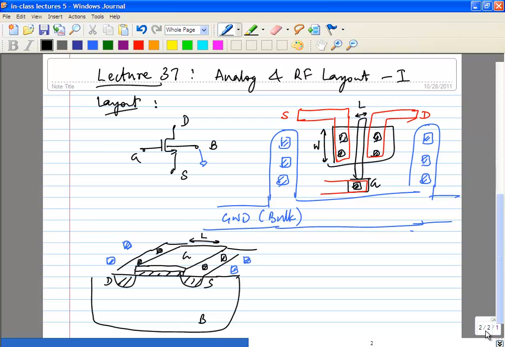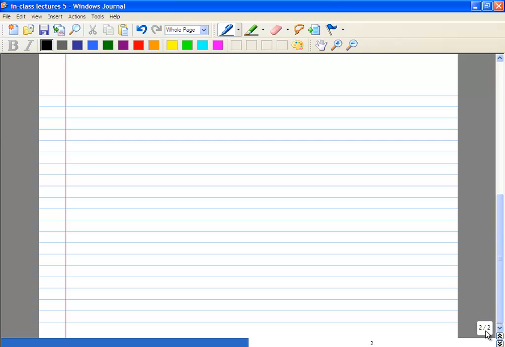If you have interviews with companies, you can expect direct questions on how you would lay out certain things, or once you join the company, they'll probably expect you to know layout, enough to at least direct a layout engineer. So obviously the responsibility is with the designer.